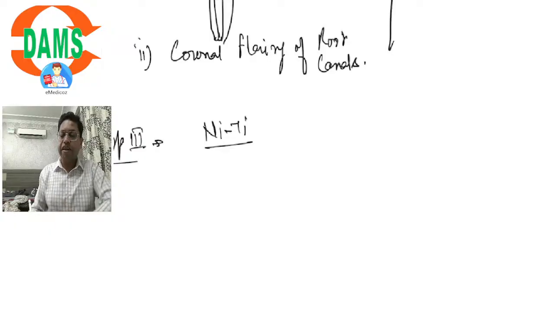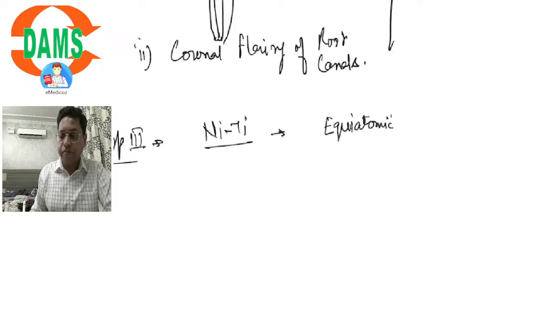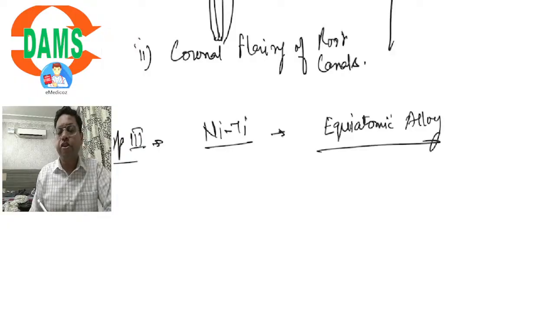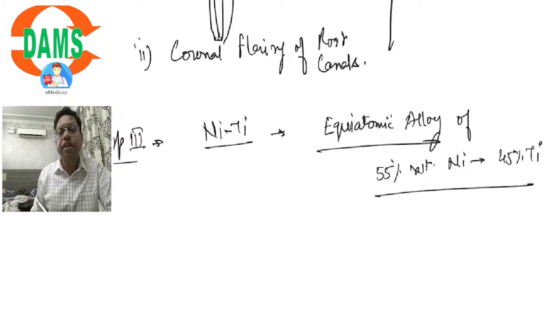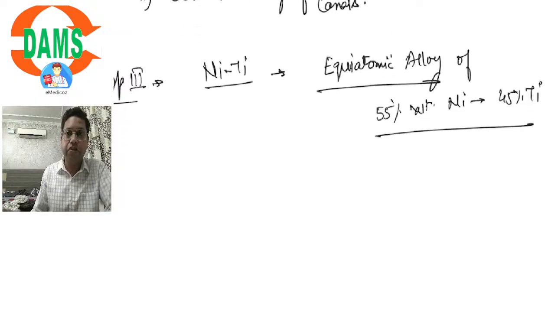If we look at some of the important aspects of these nickel titanium instruments, it is an equiatomic alloy of 55% by weight of nickel and 45% by weight of titanium. Equiatomic alloy means they would have an equal number of atoms of both the elements, but the composition is 55% nickel and 45% titanium by weight.